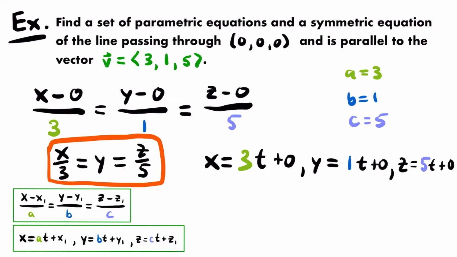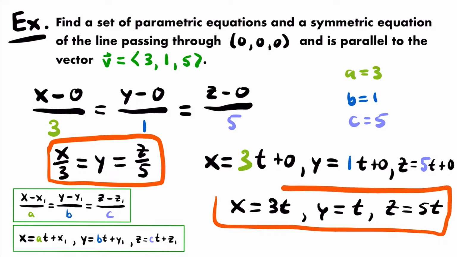And so then if we simplify, we'll have x is equal to 3t, y is equal to t, and z is equal to 5t, right? y would just be equal to t because 1 times t is t. And so that right there would be the set of parametric equations that would represent the line in this example. Whenever the given point that your line passes through is the origin, these problems are pretty simple because x1, y1, and z1 are all 0, which makes for some nice, simple equations.